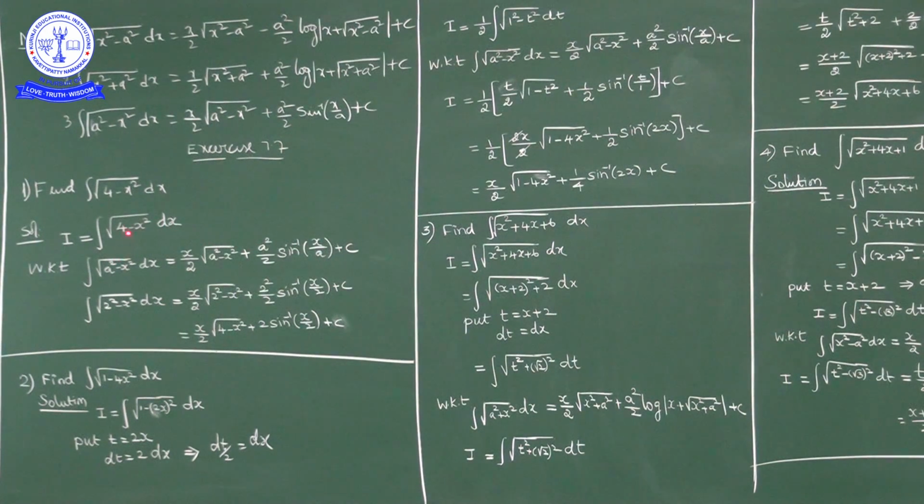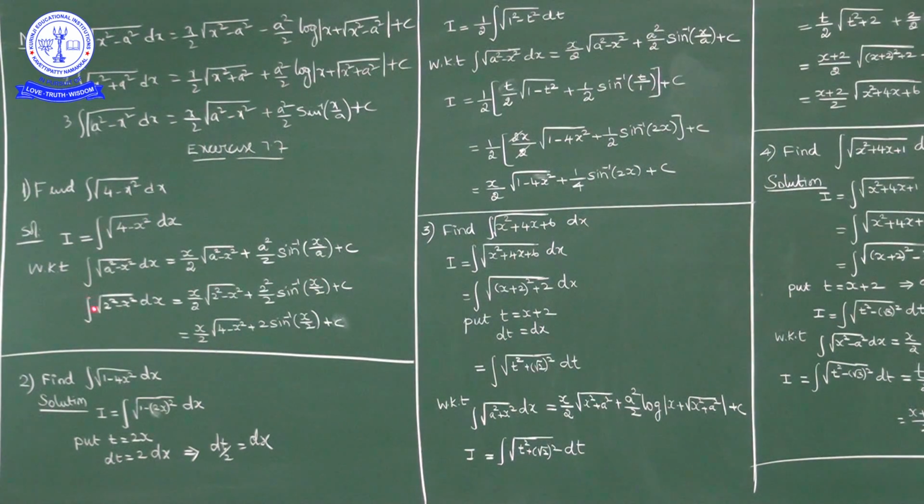Now if you compare these two, 4 we can write as 2 square. So integral of square root of 2 square minus x square dx, in place of a square what do we have? 2 square. So a is nothing but 2. So in this formula simply substitute 2 in place of a.